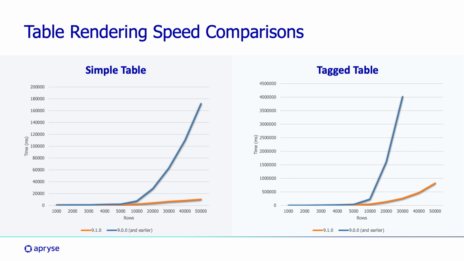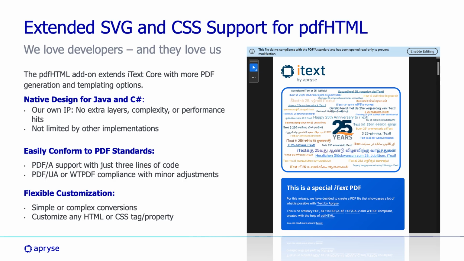So like I mentioned before, SVG and CSS support was expanded for this release. One thing that I guess a lot of people don't realize is that with pdfHTML, we use our own IP. We don't use Chromium or headless Chromium-based solutions.